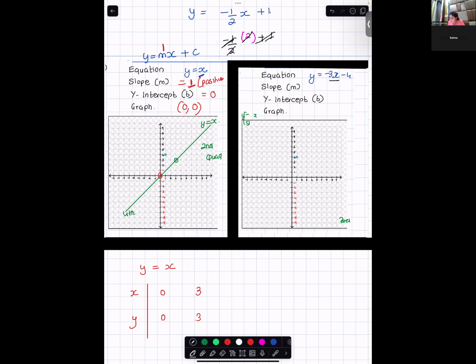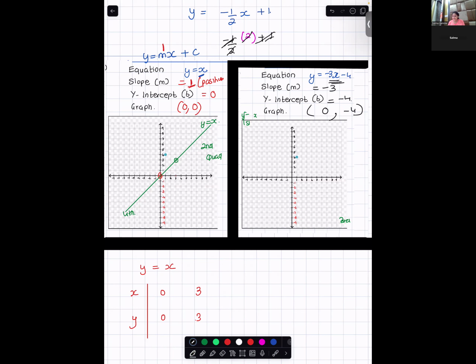I have y is equal to minus 3x minus 4. So the slope of the line will be minus 3. Y-intercept will be minus 4. X-intercept is 0. So that means it is a diagonal line with a negative slope.